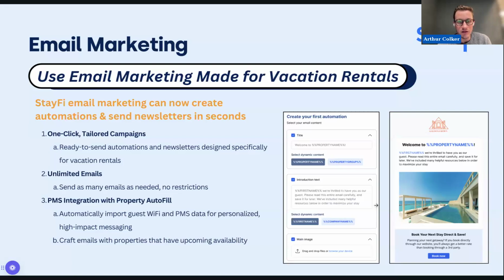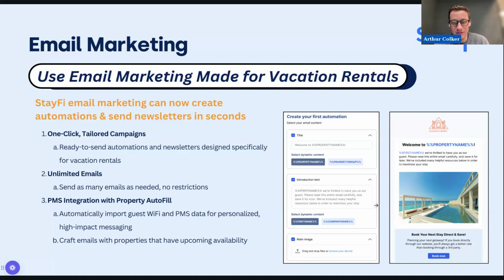And then finally, because we are a vacation rental specific tool, we can do much deeper integrations with property management software than you would find anywhere else. So what that means is number one, we will source data from your software. So not just guest data, but other data about the guests and the stay that they're involved with, to bring that all together into one tool that you can use.